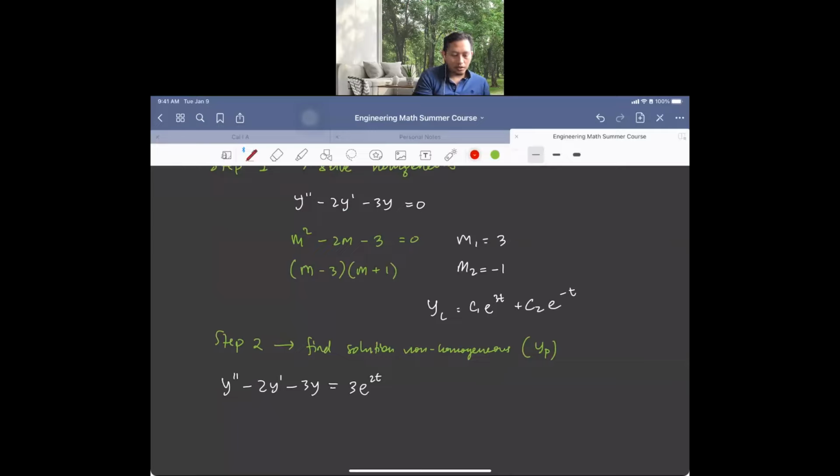So the idea behind finding this yp is looking at the order of this e. We have 2t, right? So probably this yp also has the same component. Let's say our yp equal to A e^2t.